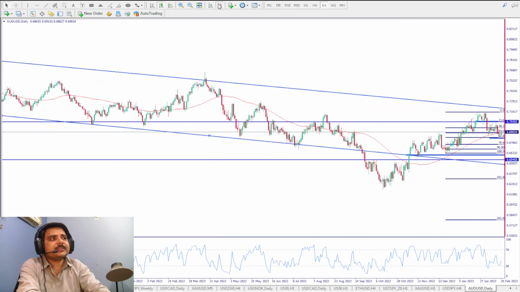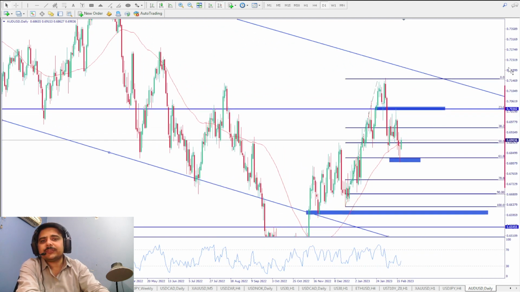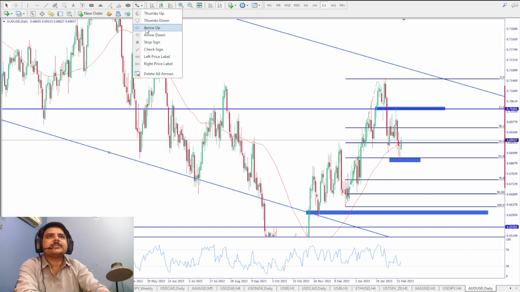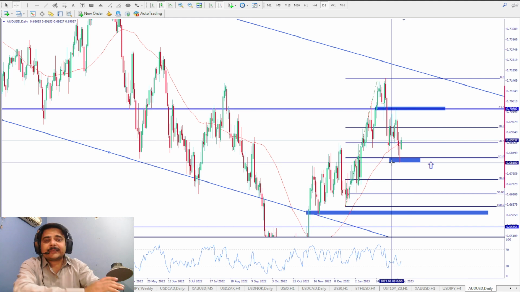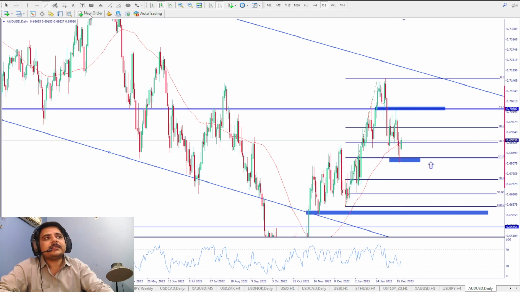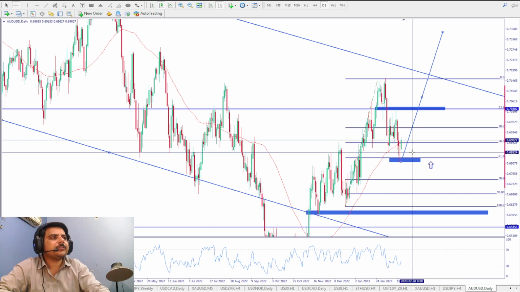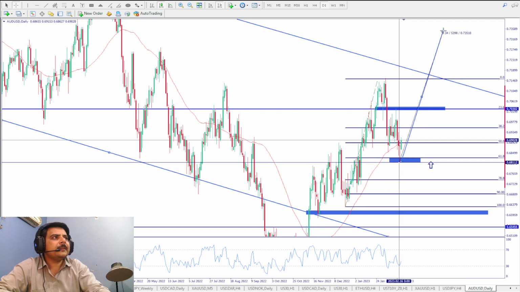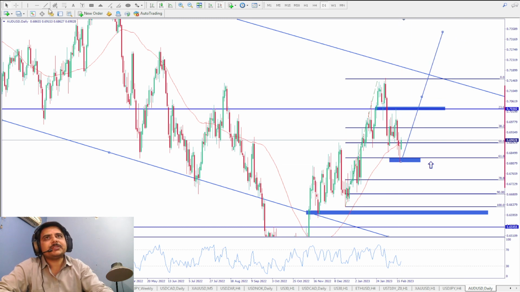At the moment, this is a trade setup. It may take 1 day, 2 days, 3 days, maybe a week. Anyone willing to trade it, this is one way of trading it. This type of trade will have around 226 pips of stop loss and take profit of around 539 pips.